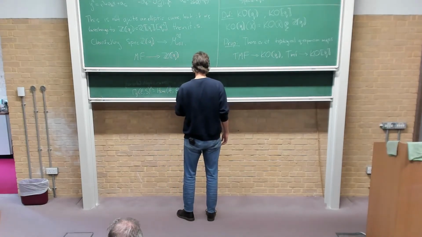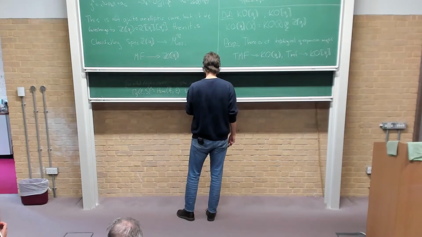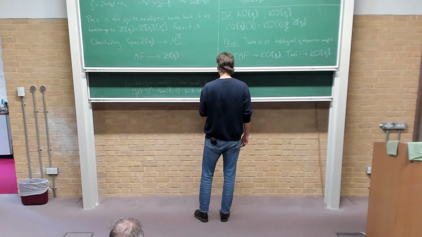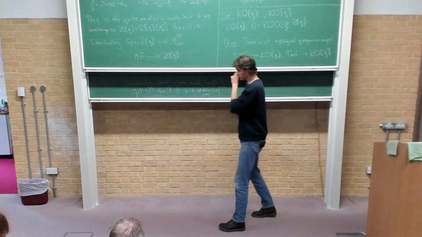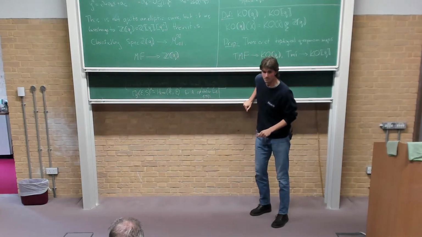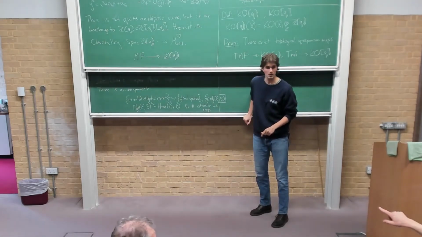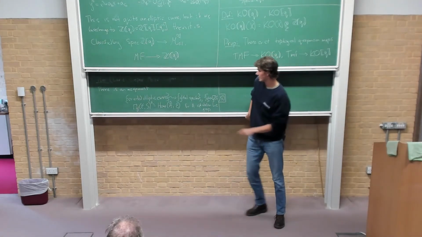And this is for a compact group A, sending into global spectra. So you take the global sections of the structure sheaf.